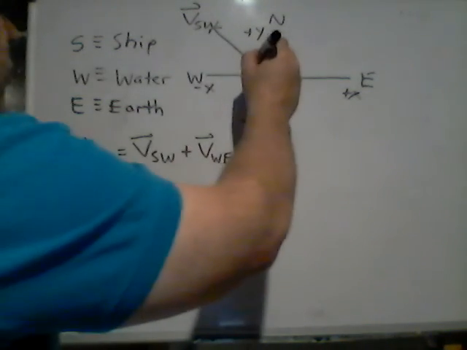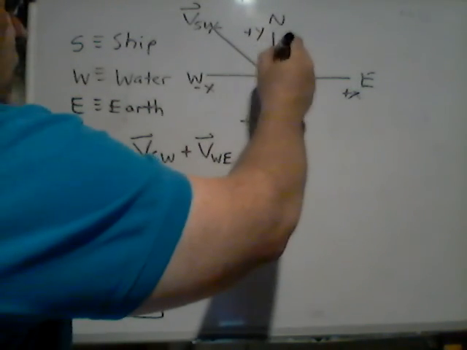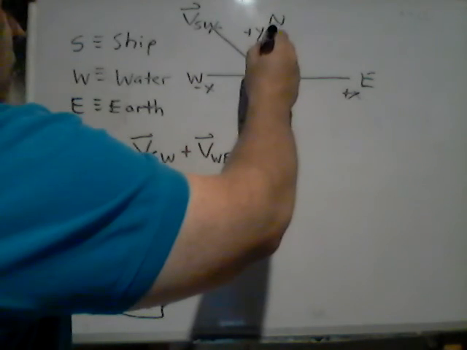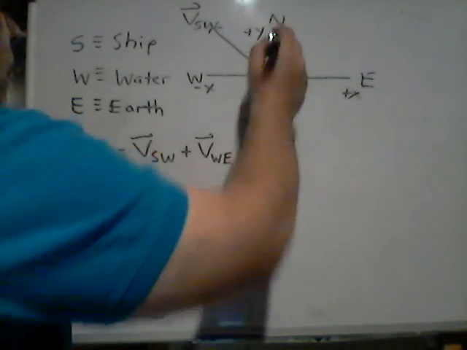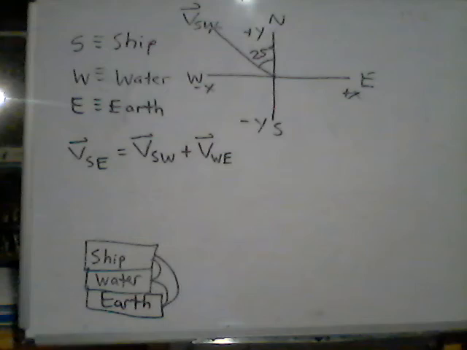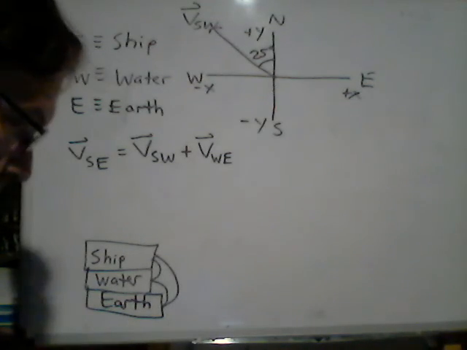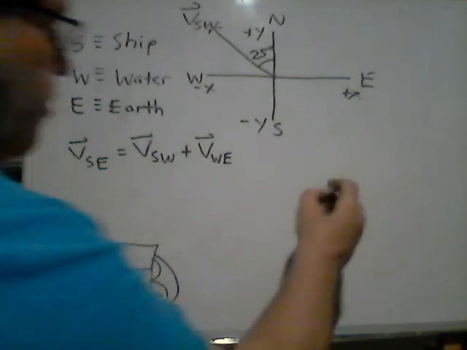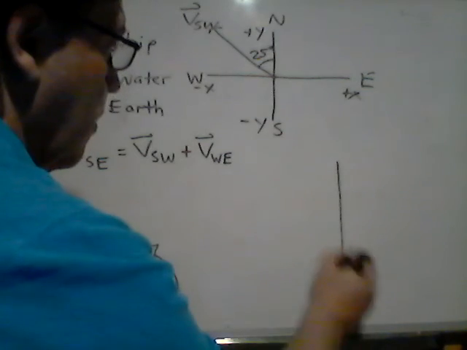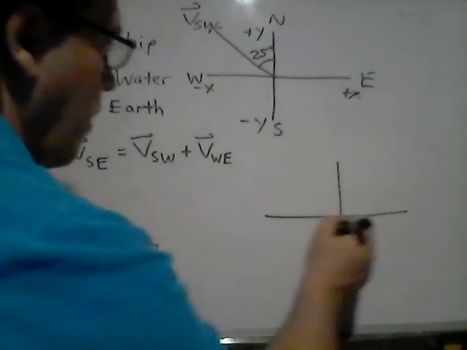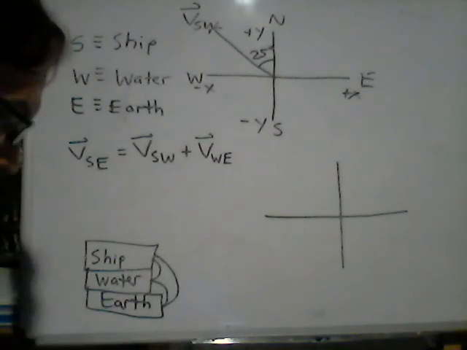So this angle is 25 degrees. We're also told about the velocity of the ship with respect to the Earth, and that's also west of north, but that's only 5 degrees.